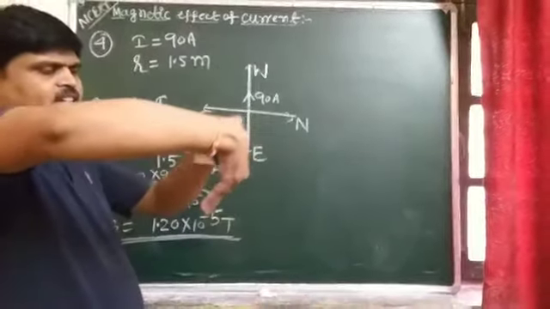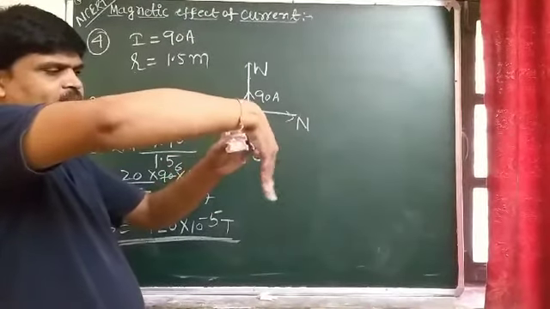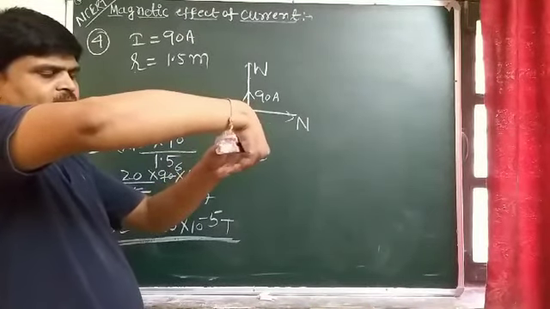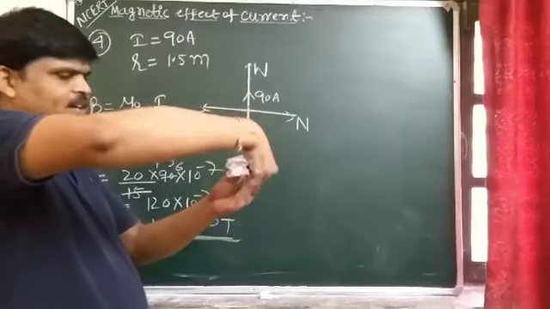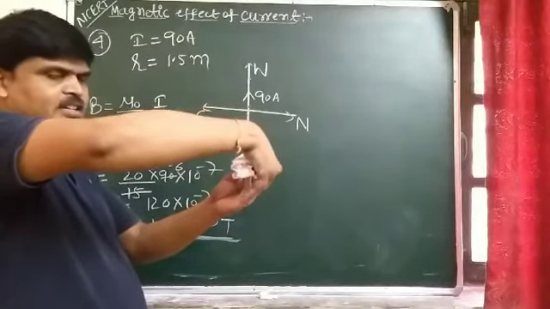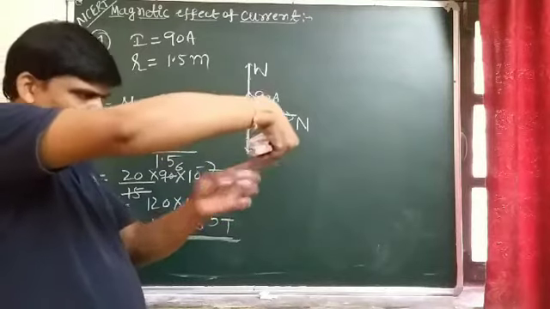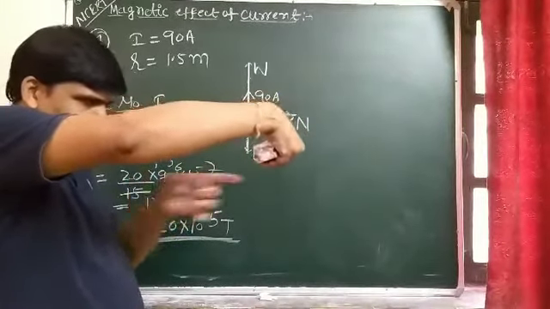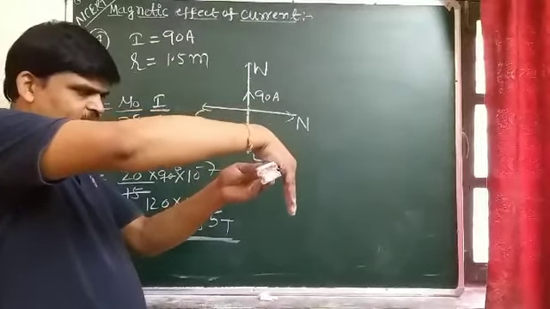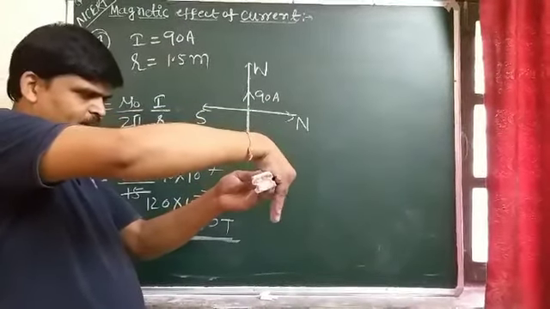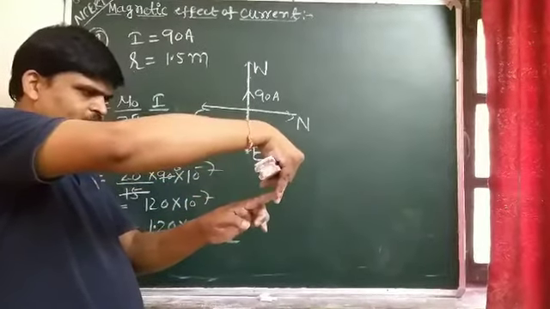This is the straight conductor, and we have to find the magnetic field at this point below it.